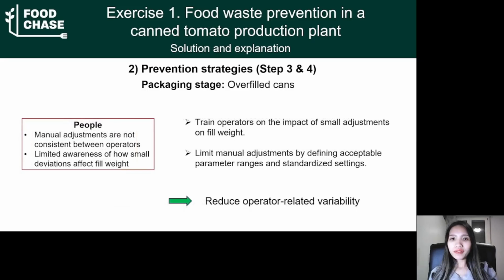About the people category, we can train operators on the impact of small adjustments on fill weight, or limit manual adjustment by defining acceptable parameter ranges and standardized settings. With this solution, we can reduce operator-related variability.